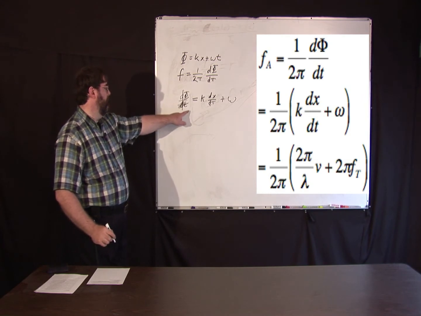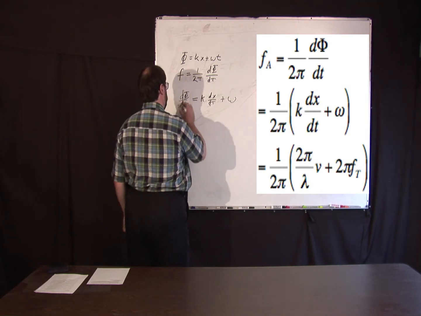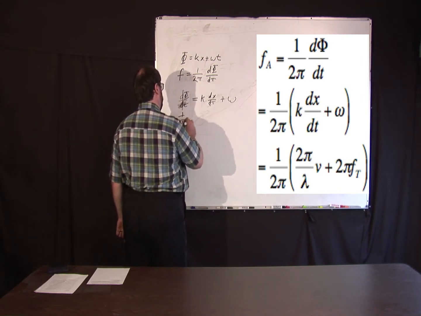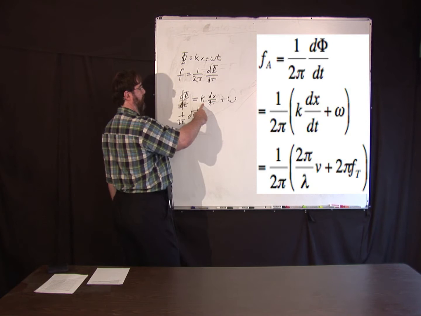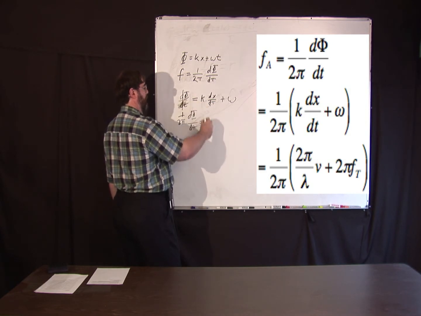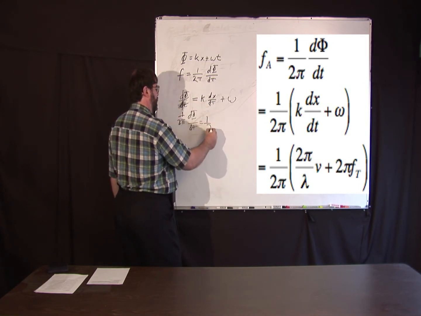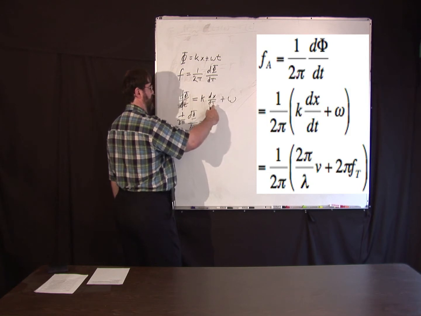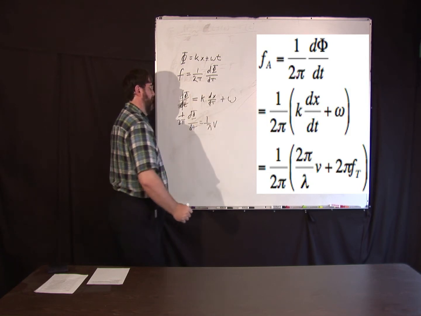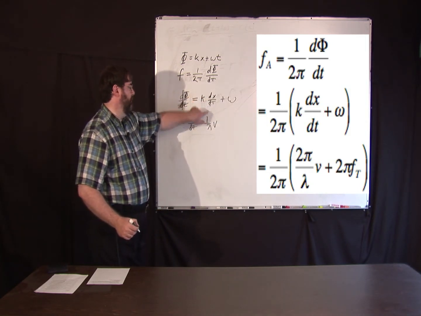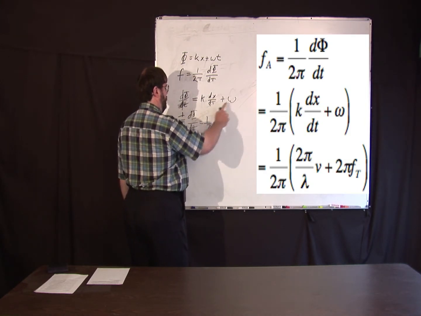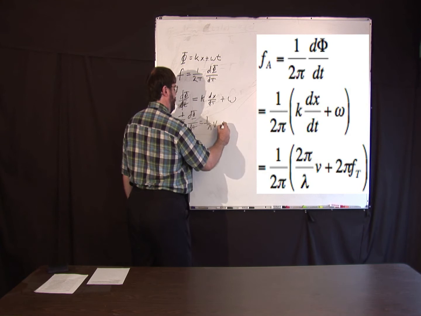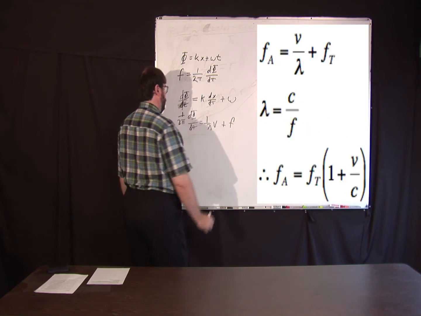So 1 over 2 pi dphi dt equals, well, k is 2 pi over lambda, so 1 over 2 pi times 2 pi over lambda is 1 over lambda. Now dx dt is v, the velocity, the rate of change of position. And omega is 2 pi times frequency, so 1 over 2 pi times that is the frequency.